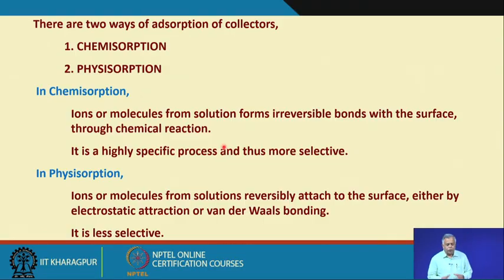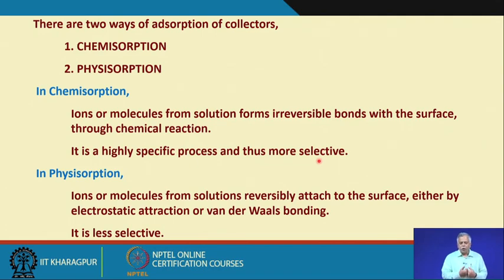The ions or molecules from solution, that is, the collector has to be dissolved first, and then in solution it forms irreversible bonds with the surface through a chemical surface reaction. It is a highly specific process and thus more selective. That means this process is highly selective because it depends on whether the targeted material surface likes that chemical or not, and there has to be a surface reaction between these two.